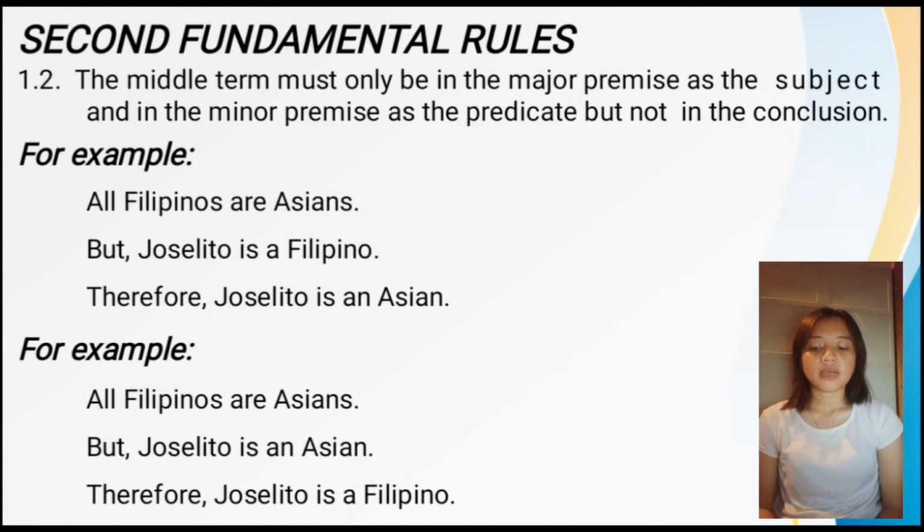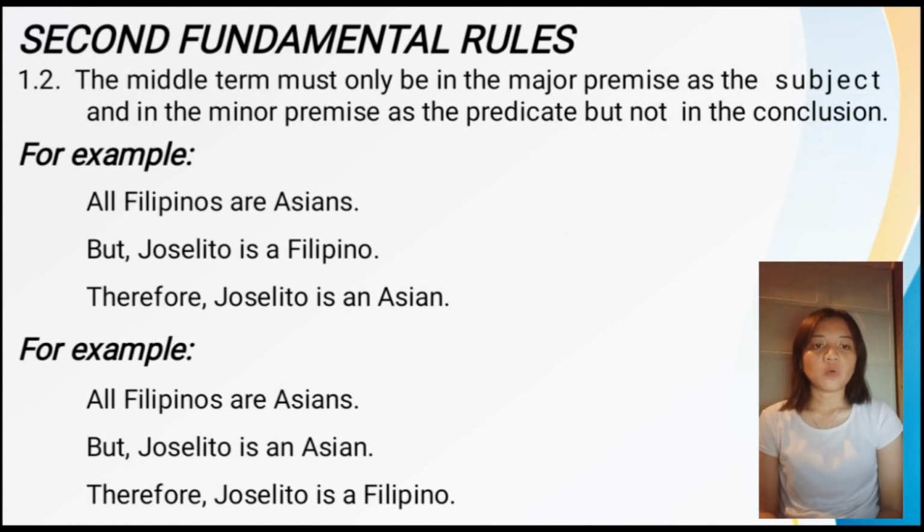So, this example is correct kasi hindi na nakita yung middle term sa conclusion. Sa rule kasi, the middle term can only be in the major premise and minor premise. Sa major premise, yung middle term is a subject, and sa minor premise naman, predicate na yung middle term.